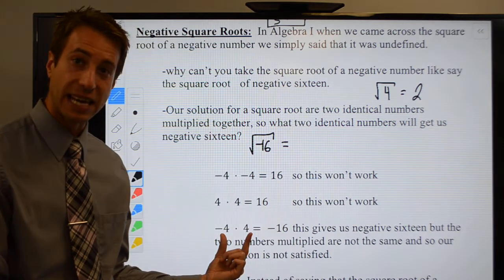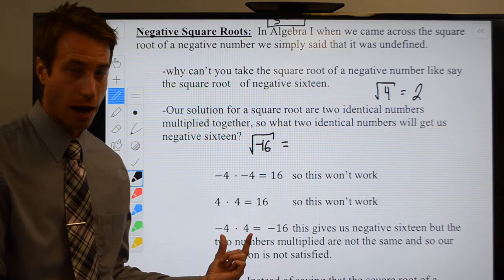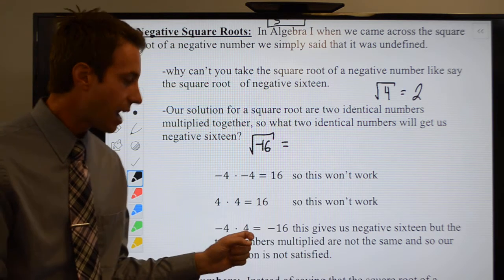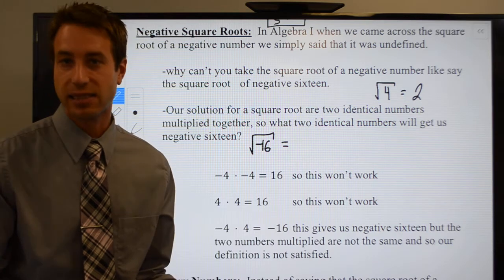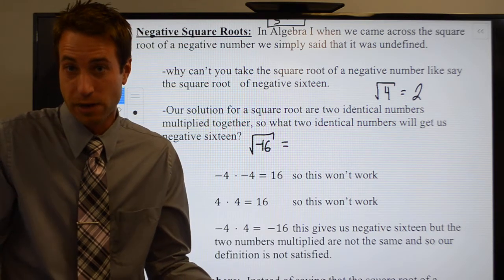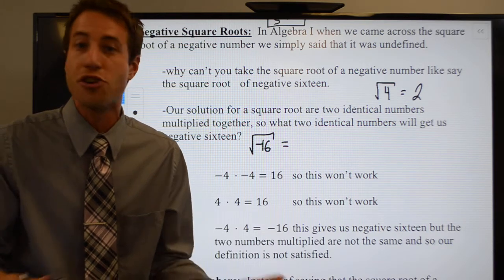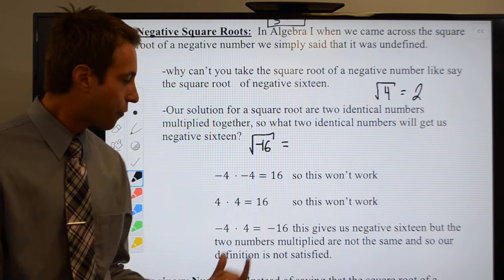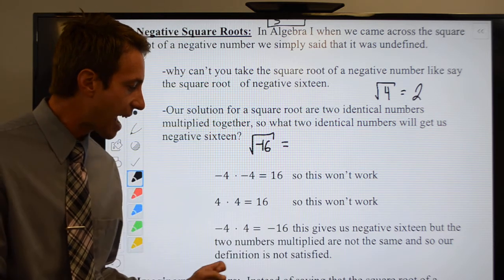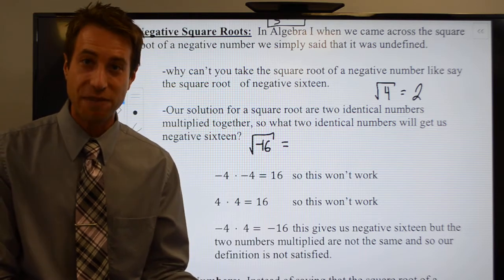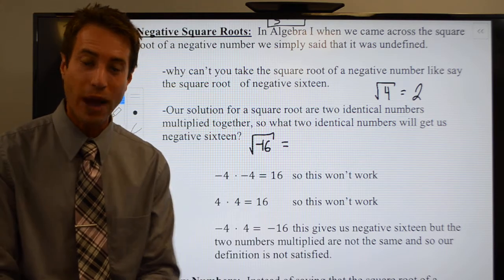These numbers have to be identical, and they're not. I have a negative 4 and a positive 4. That's not the same number. Those are different numbers. Therefore, I don't have identical numbers, and I have not satisfied my definition for a perfect square.